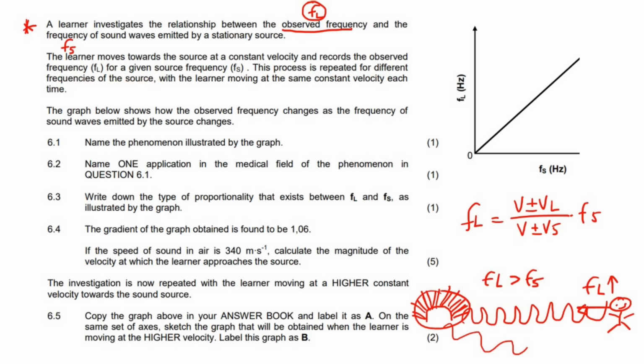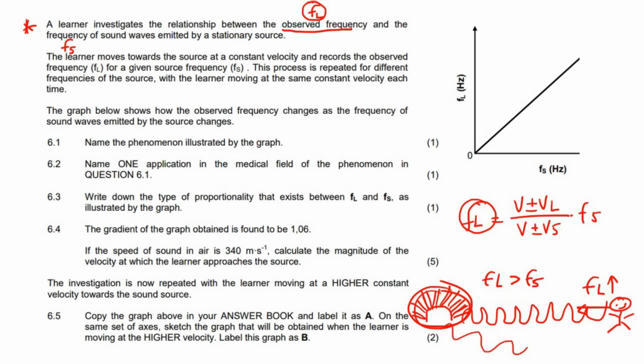They start off over here, for example, and then if you look at the frequency that the listener is hearing, that would be over there. Then they increase the frequency of the siren, and this is what the listener hears, and then they increase it even more, and then that. So all they're doing is measuring the frequency of the siren on this axis, and the frequency that the listener observes on this axis, and repeating that many times to create a graph.